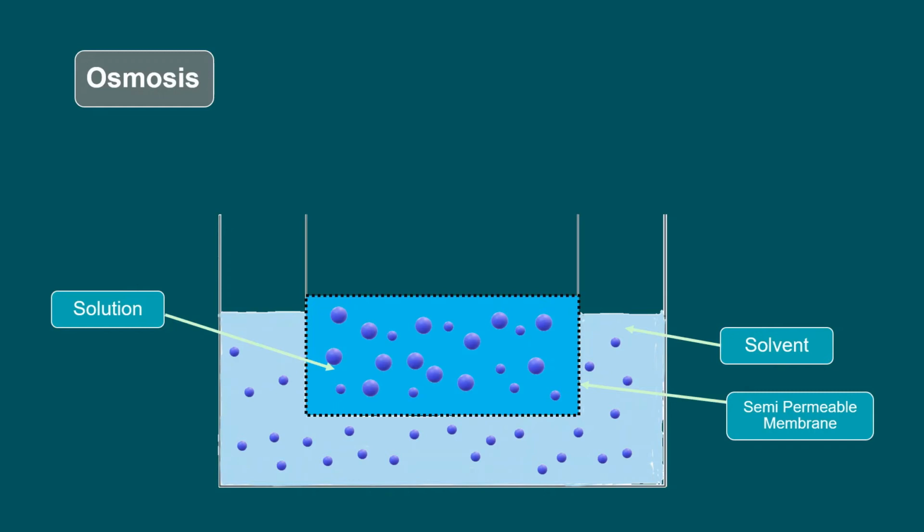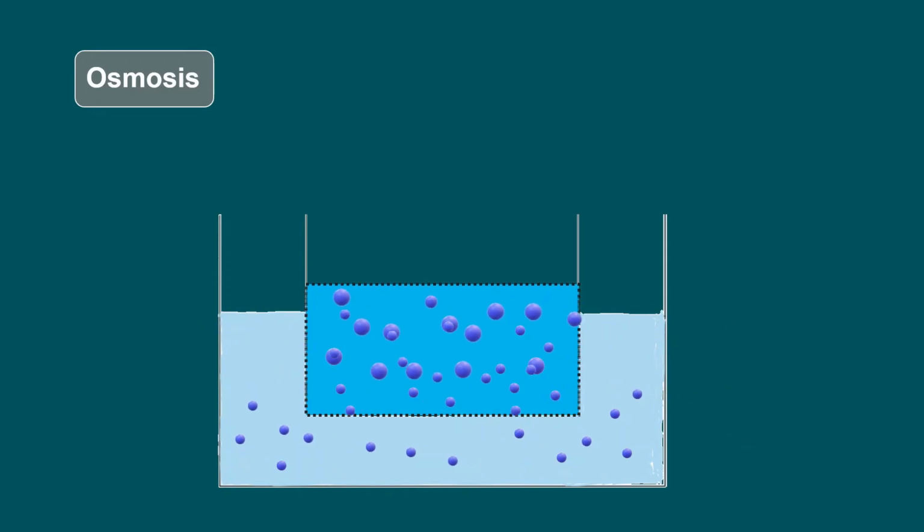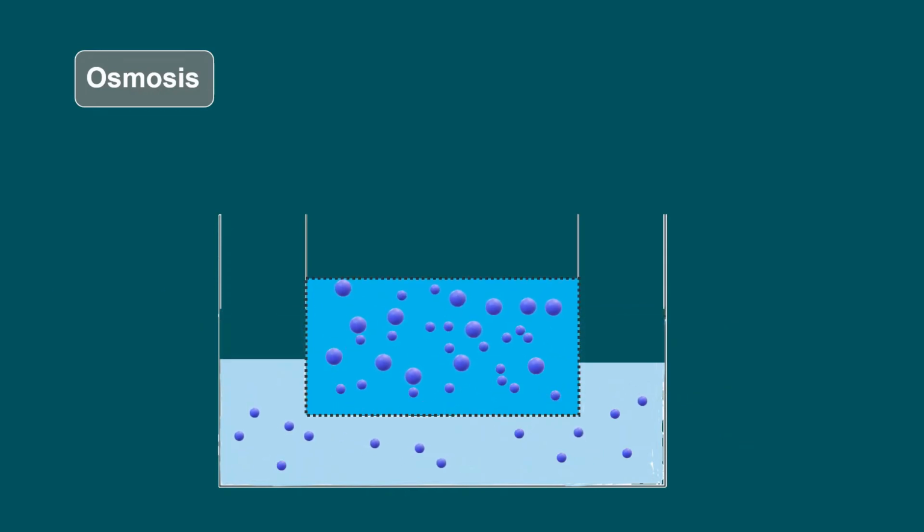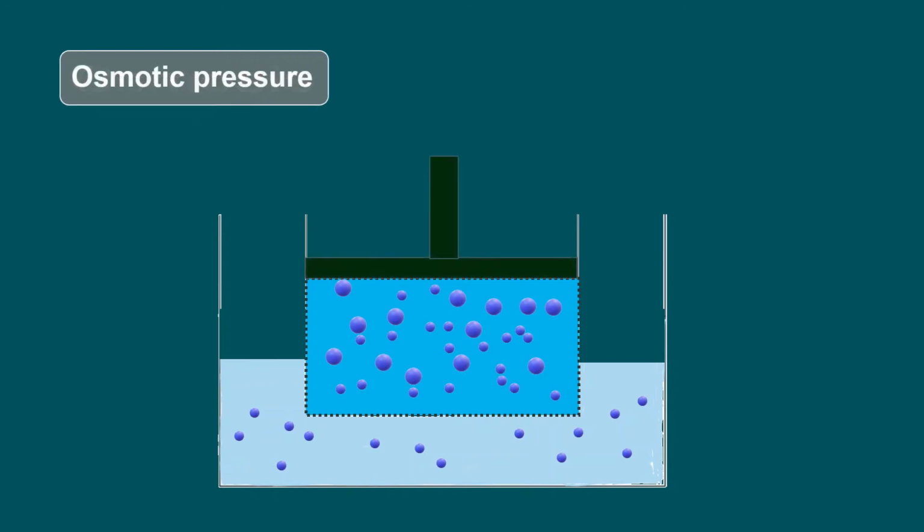Now, when we talk about osmotic pressure, we have seen that in this case there is a net flow of the solvent molecules through the semi-permeable membrane to the solution compartment. The flow of the solvent molecules into the solution can be stopped by applying pressure on the solution side.